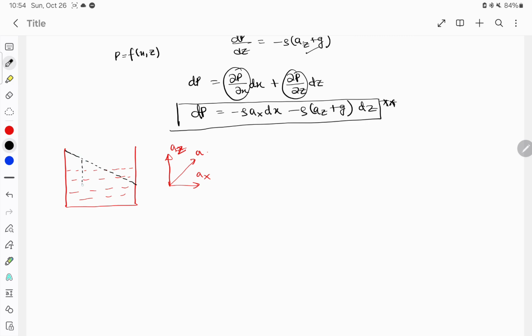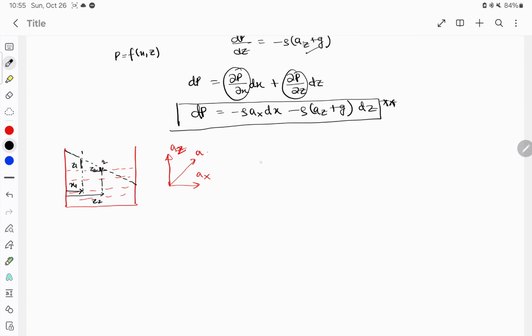Let us take two points here, point number 1 and point number 2. Say this is the position x1 and this is the position x2. From the free surface level, this is z1 and this is z2.